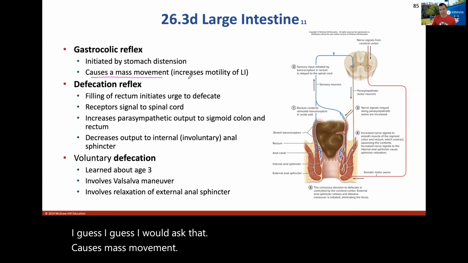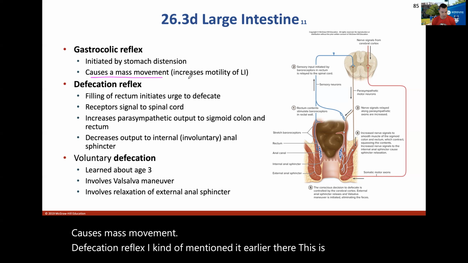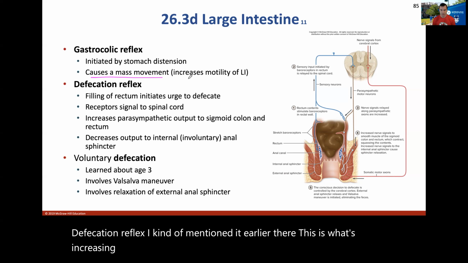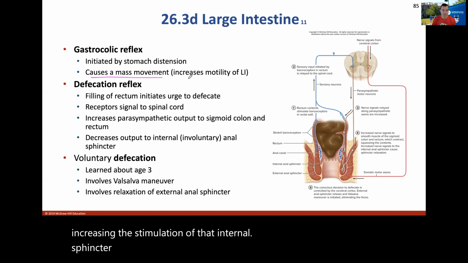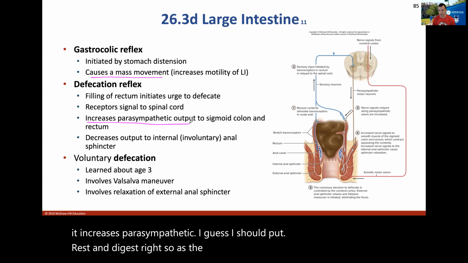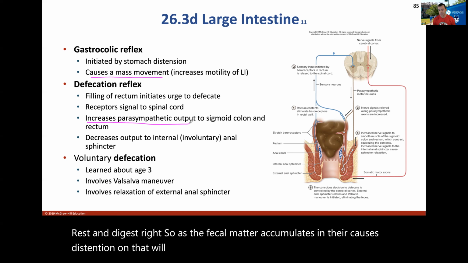Defecation reflex, I kind of mentioned it earlier. This is what's increasing the stimulation of that internal anal sphincter. It increases parasympathetic output, rest and digest, right? As the fecal matter accumulates in there, it causes distension, which will increase parasympathetic output to further relax, and the sphincter opens.